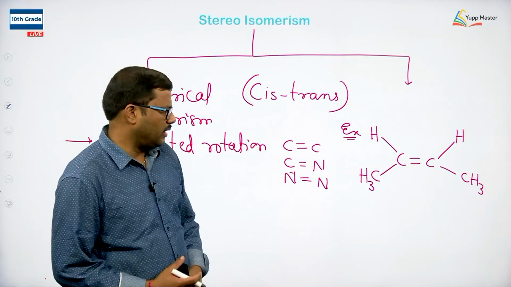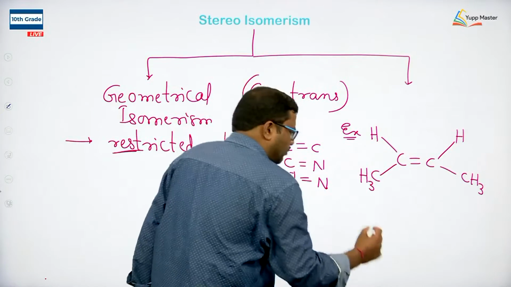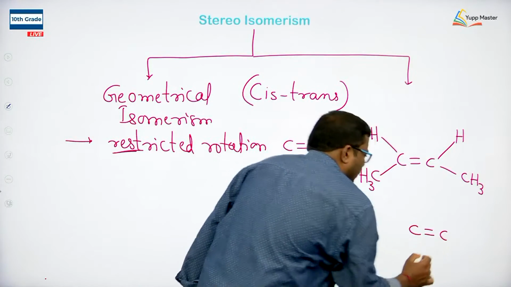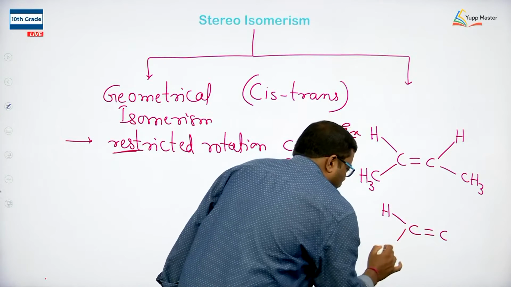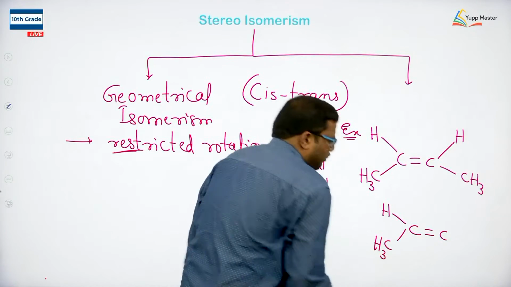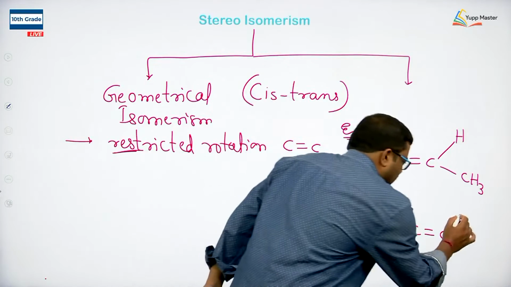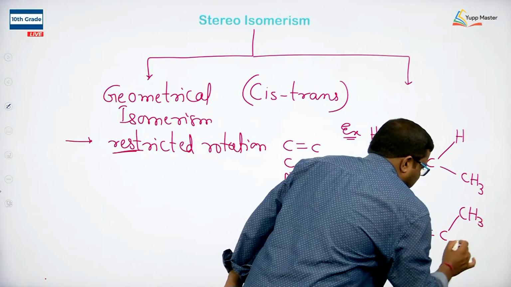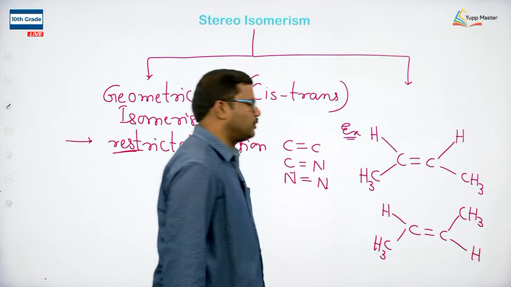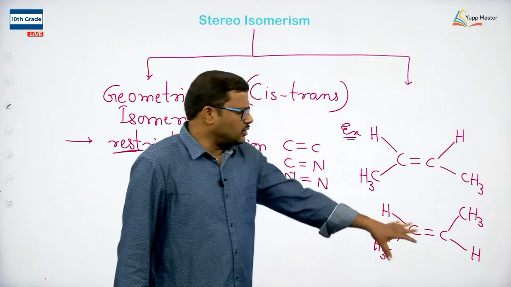I can write the same molecule again in a different orientation. One carbon is attached to hydrogen and CH3, and on the other side I am taking the CH3 upside and the hydrogen downside. So, this is also 2-butene.